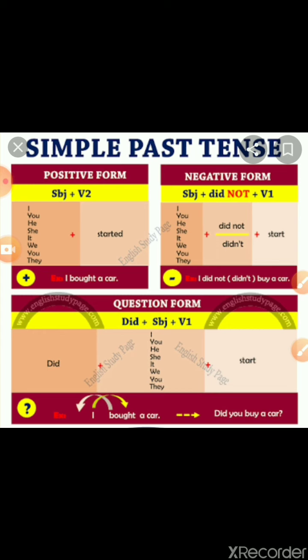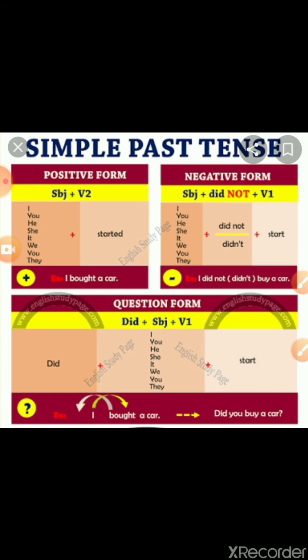Did we buy a car? Did you enjoy this picnic? Did you love this dish? These are some examples of the question form. You have a great understanding; even a mediocre student can understand very well.